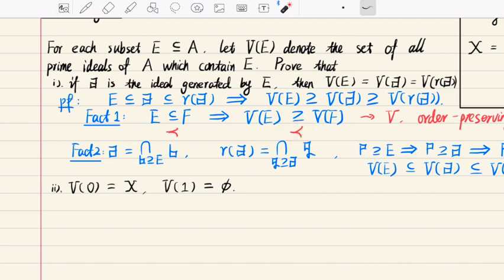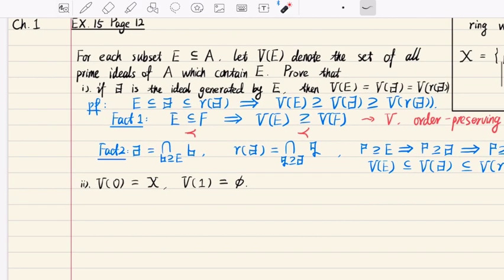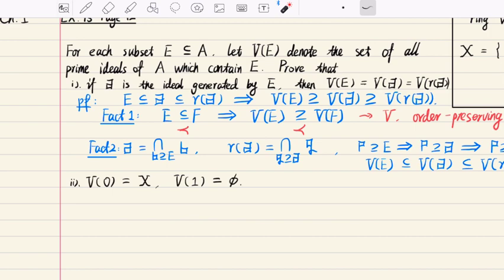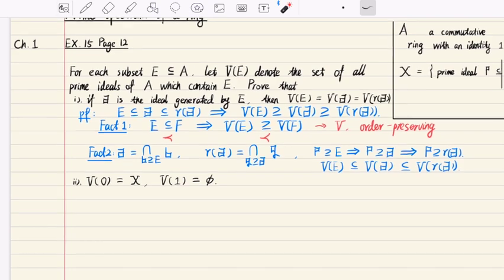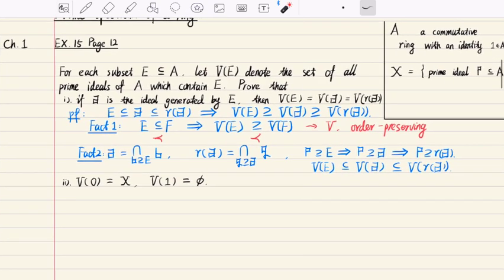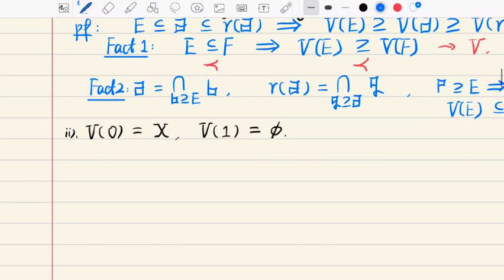I guess we will see this claim later, since it is the most important part for the prime spectrum. Okay, for the first one, we didn't see any topology, but for the second question, we can see something at least.